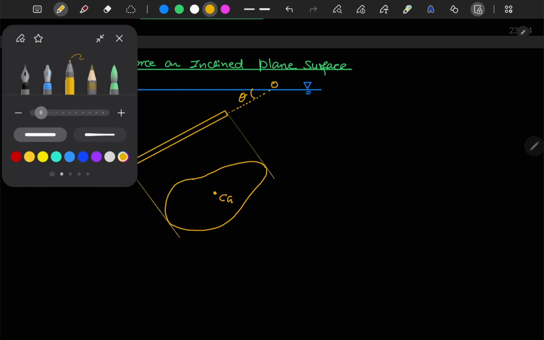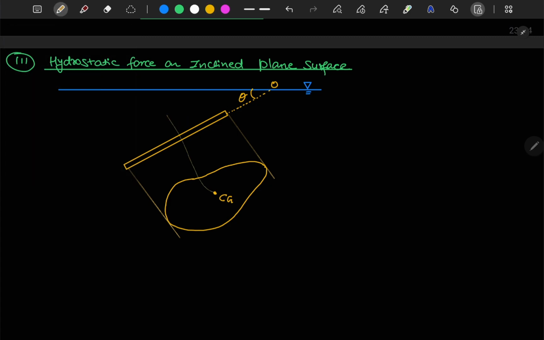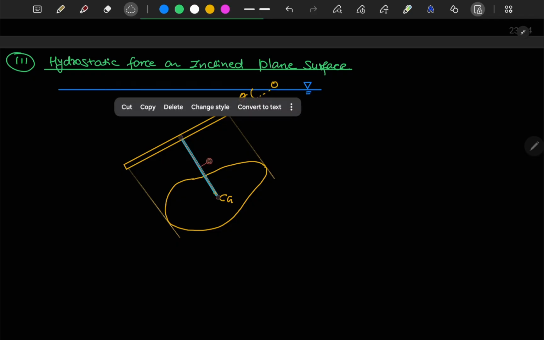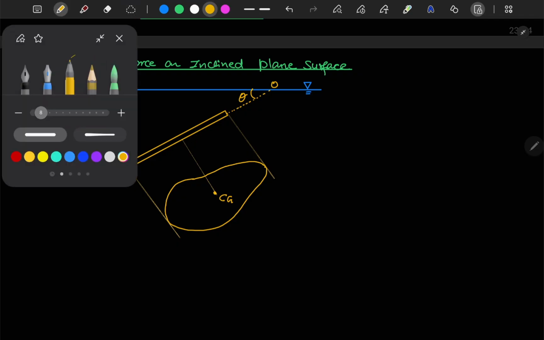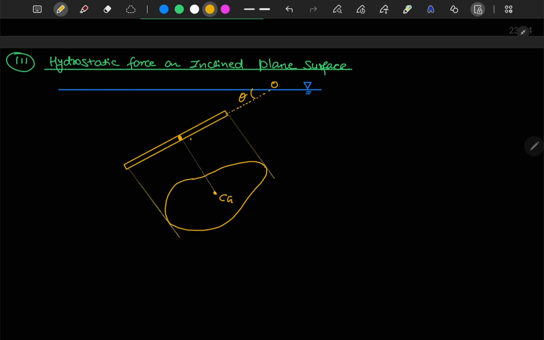I will be making one more line here. So this point here indicates your CG, and this distance is your h bar.